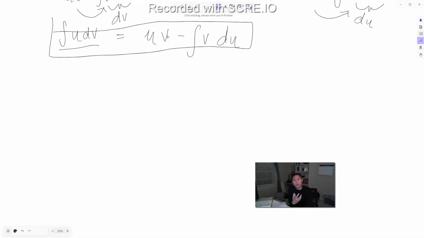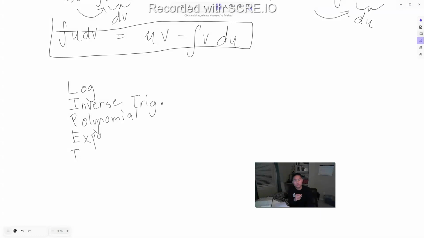There's an acronym called LIPET, that stands for logarithmic, inverse trigonometric function, this is a polynomial function, this will be an exponential function, and a regular trigonometric function.